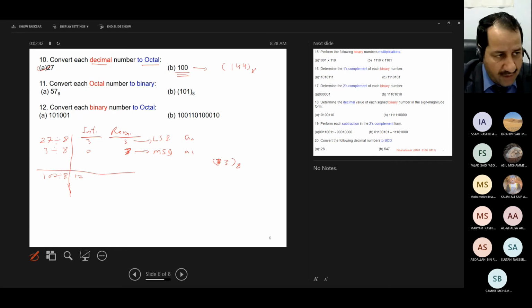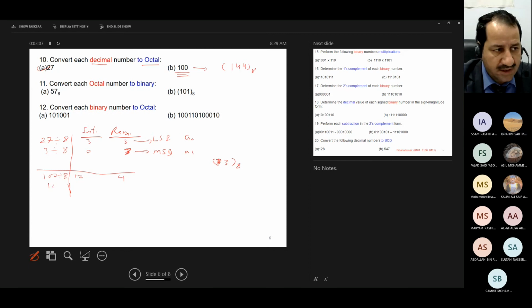As an example, 12. Now you say 12. 12 times 8, how much does it give? 96, right? How much is left from the 100? 4. So the remainder is 4, right?